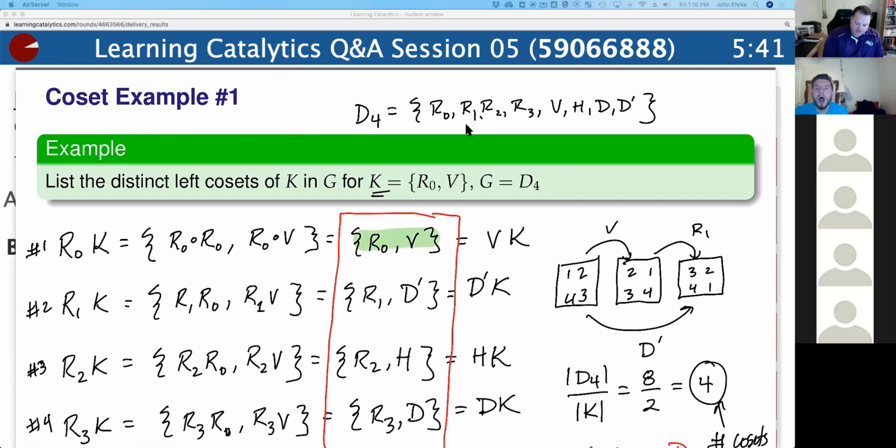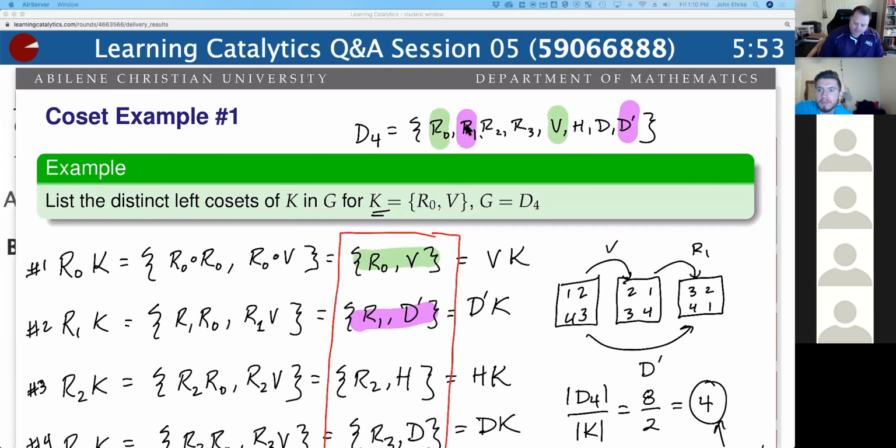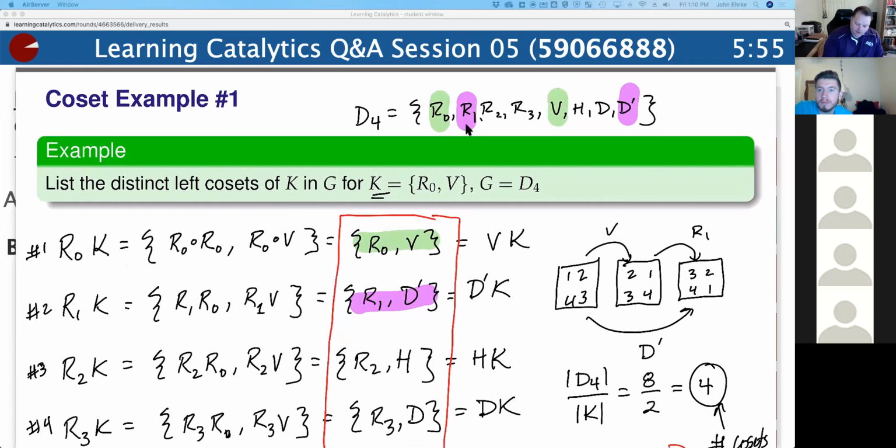For instance, this subgroup is those 2 elements. This next coset, excuse me, represents these 2 elements. This coset represents those 2 elements. And then finally, this last coset is those 2 elements.